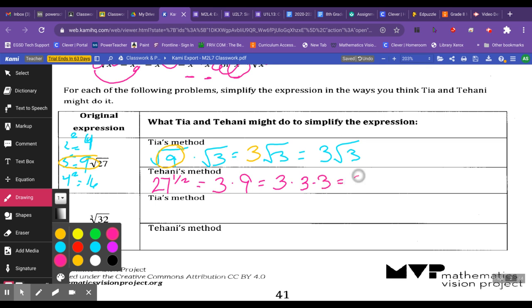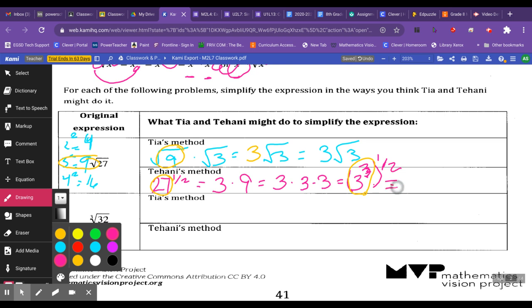So this is 3 cubed, to the 1/2. So 27 is equivalent to 3 cubed, and I'm leaving my 1/2 as my exponent.